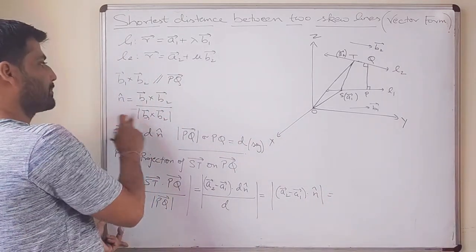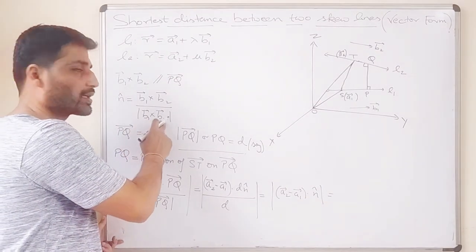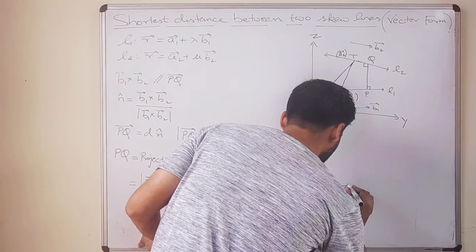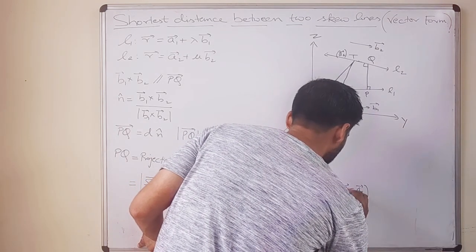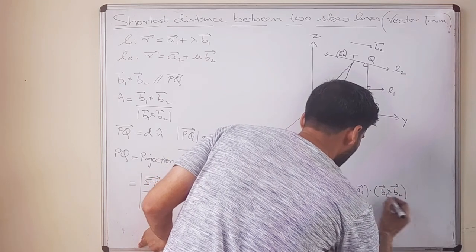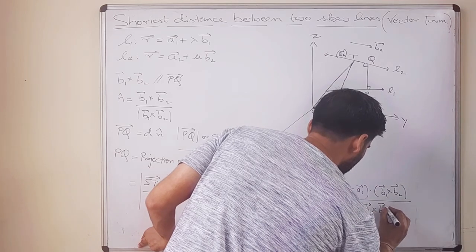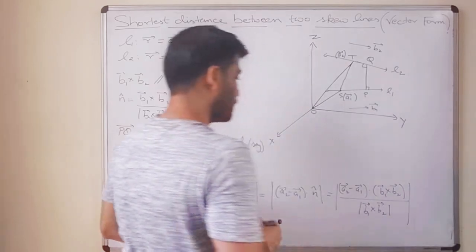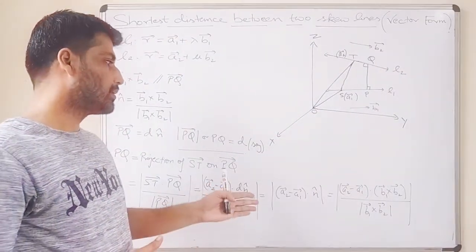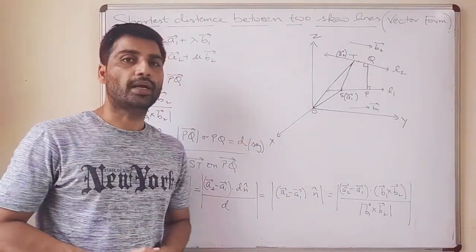And what is n cap? n cap is vector B1 cross vector B2 upon the magnitude of vector B1 cross vector B2. So I can substitute there: A2 vector minus A1 vector dot B1 vector cross B2 vector, divided by the magnitude of B1 vector cross B2 vector. So this is the formula which you can easily use to find the shortest distance between any two skew lines.